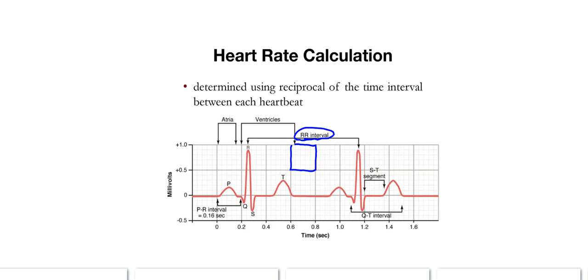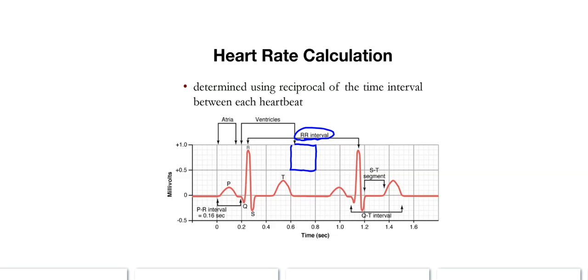So we can start here, and we have basically 300 of the squares equals 1 minute of time, okay? 300 squares per minute, and you're dividing it by whatever the number of squares is per beat.